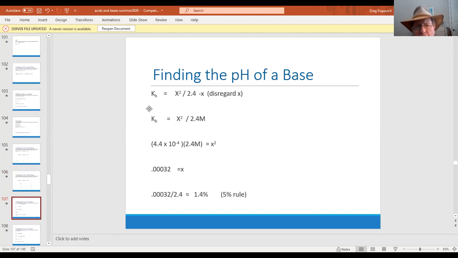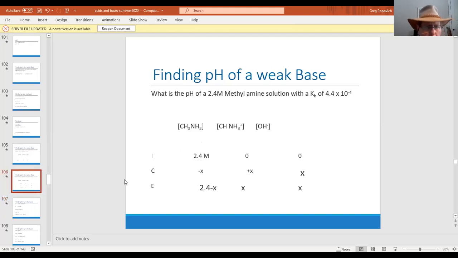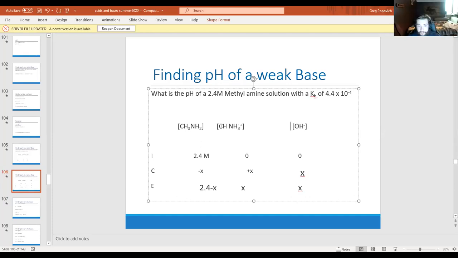My Kb expression is X squared over 2.4 minus X. We're going to disregard the X in the denominator. I solved for my X concentration, which is 0.0032. It satisfies the 5% rule. Now, you got to ask yourself, what is X equal to? Parker, what's it equal to? The concentration for OH. What am I asking for? pH.